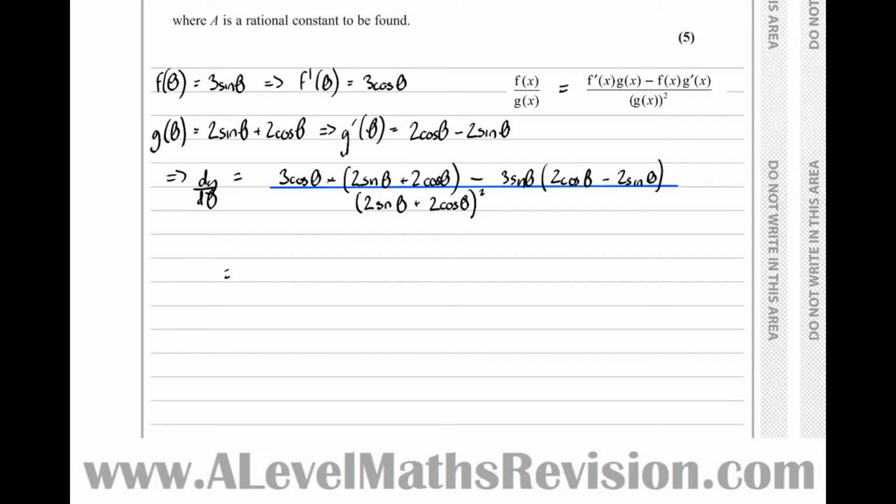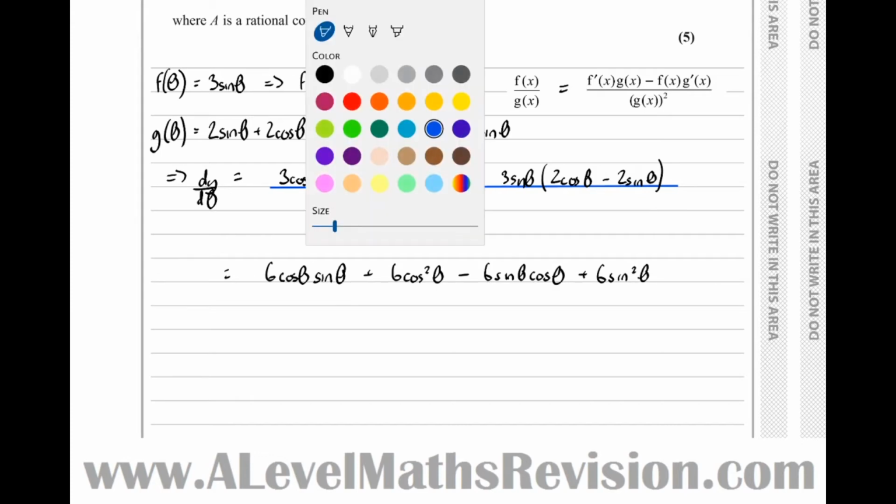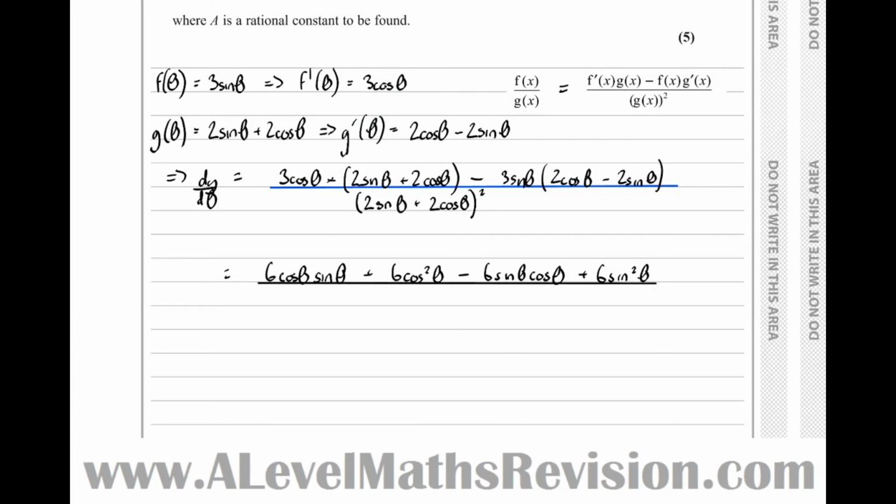We get 6 cos theta sine theta plus 6 cos squared theta, take, so minus 3 sine theta times 2 cos theta, so take 6 sine theta cos theta, then 2 minuses make a plus, plus 6 sine squared theta, all over, and we'll hold off multiplying out the bracket for now.